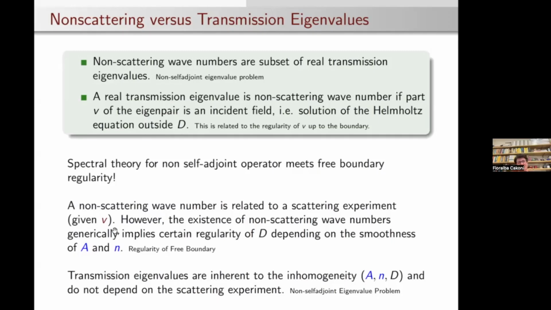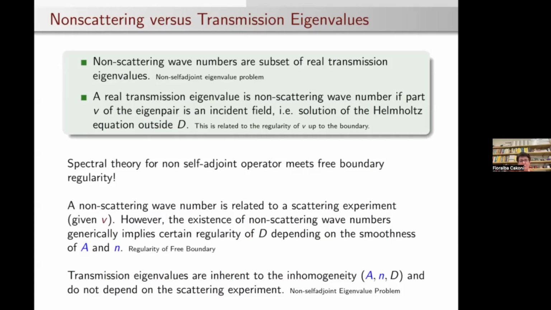Now another interesting thing is the following. When I talked about the non-scattering wave number, I said V is what I sent. So V is the incident field. V is related to the scattering experiment, right? So the non-scattering wave number is associated with a particular experiment. Now the transmission eigenvalue problem doesn't pick up a specific incident field, right?